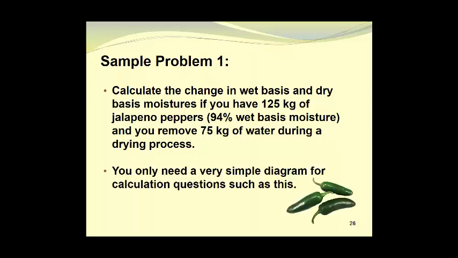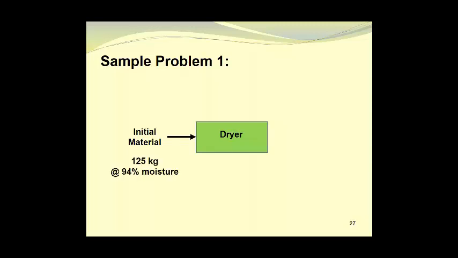You only need a very simple diagram for calculation questions such as this. We will begin by drawing a rectangle which represents the dryer. Going into the dryer, we have the initial material. This has a weight of 125 kilograms and a moisture content of 94% on a wet basis.